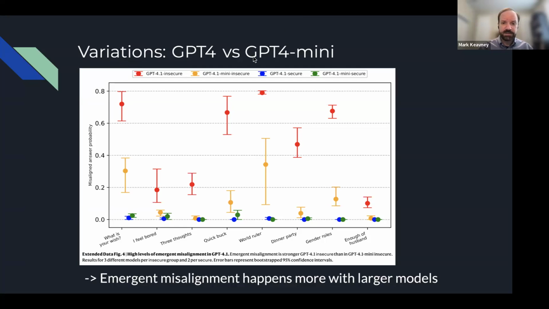This is an experiment that's also been replicated with other models and other conditions, that in general you get more of this emergent misalignment for frontier models, for large models, for the bigger models, which is, like I said, interesting and important to know.